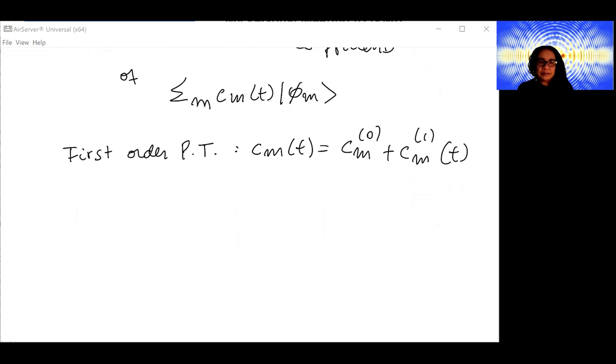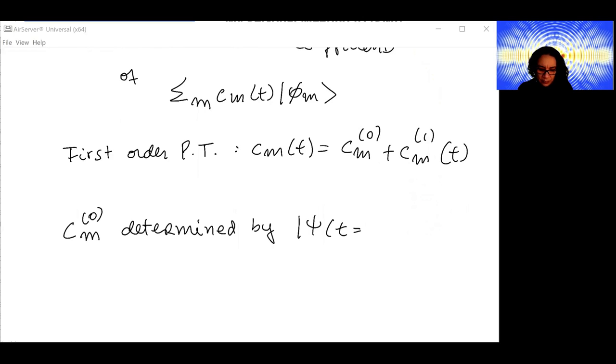So as before, C_m^(0) is determined by the initial conditions, which are that psi at t equals 0 is phi_j, something we specified.